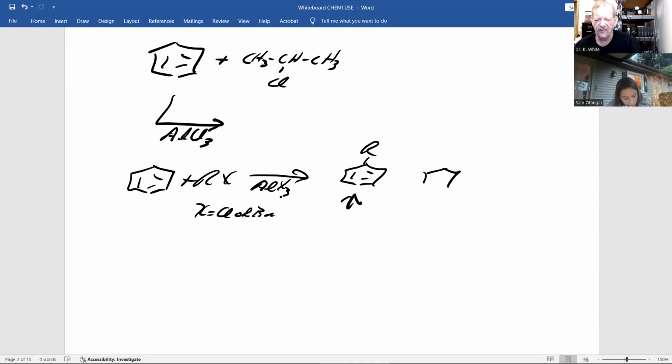If you do this, that's alkyl cyclohexane. You want a benzene ring, so don't forget to put the bonds inside that ring.